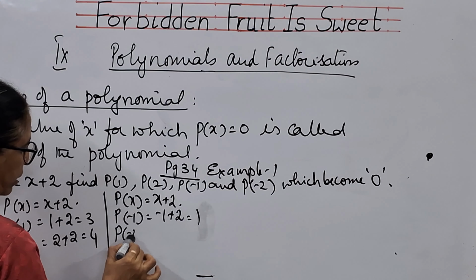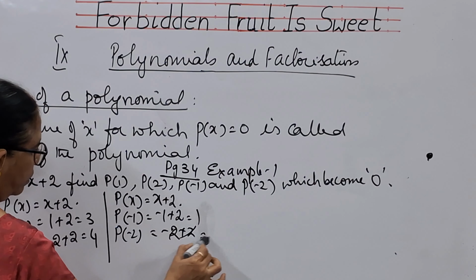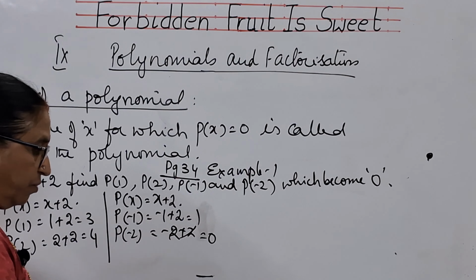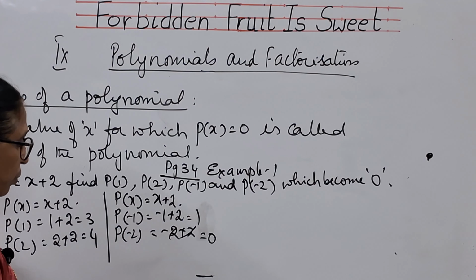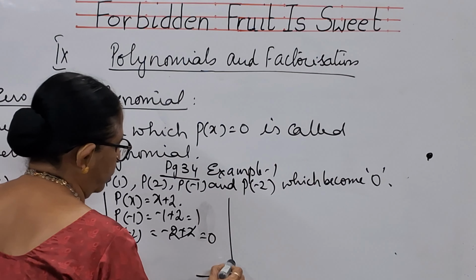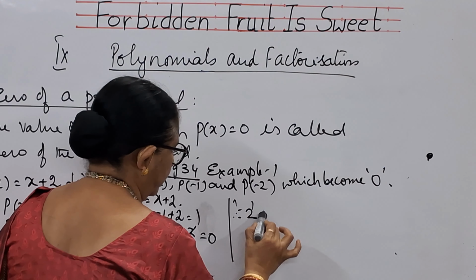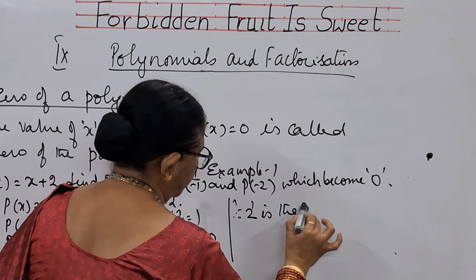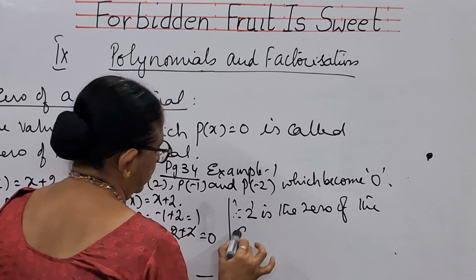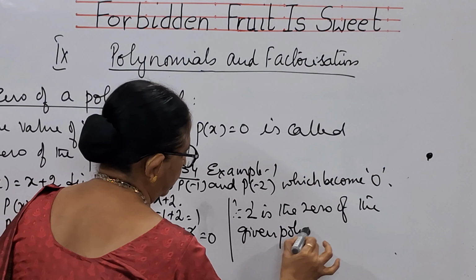And P of minus 2 is equal to minus 2 plus 2, that is equal to 0. So what is that he is asking? Which one becomes 0 of the polynomial? So for P of minus 2 I got 0. Therefore we will say that minus 2 is the zero of the given polynomial.